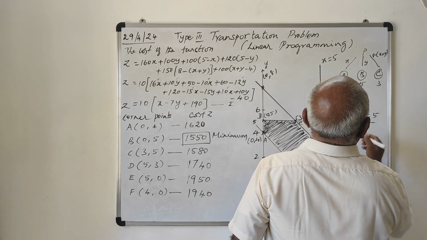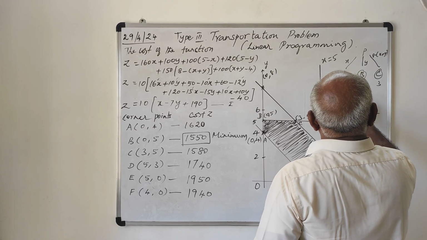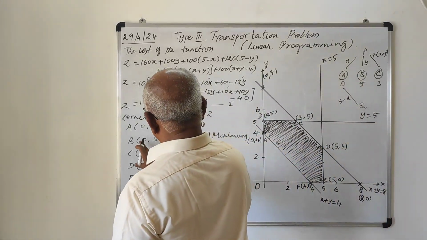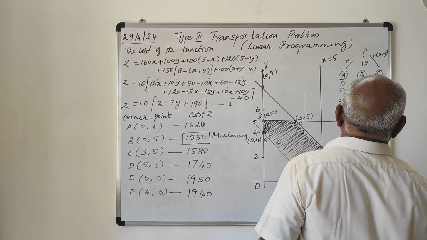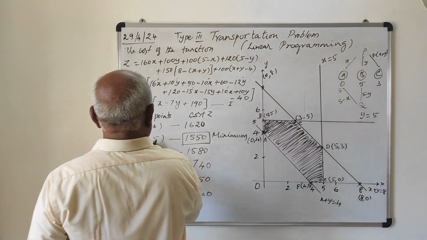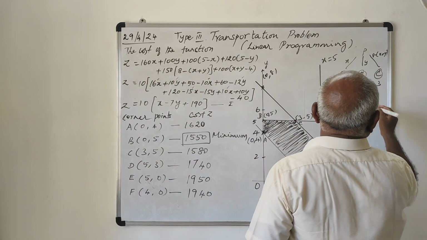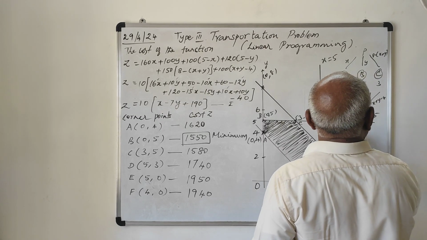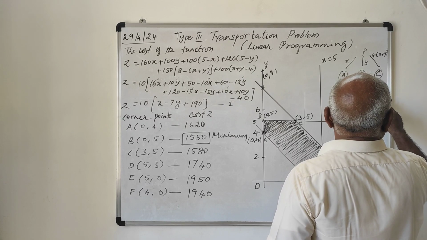This is one solution. Similarly, from the factory Q, you transport 5 minus x to depot A: 5 minus 0 is 5 units. To B, 5 minus y: 5 minus 5 is 0 units. And to C, x plus y minus 4: 0 plus 5 minus 4 is 1.